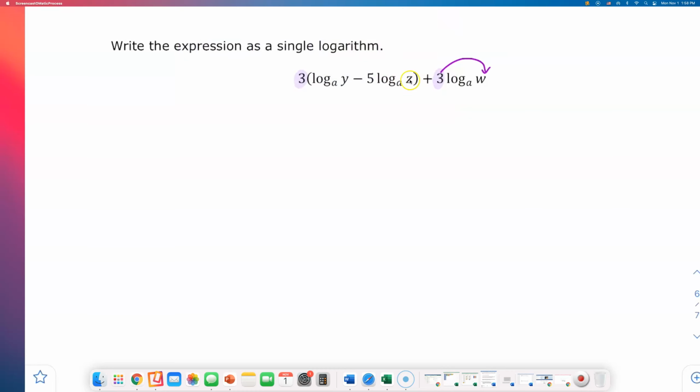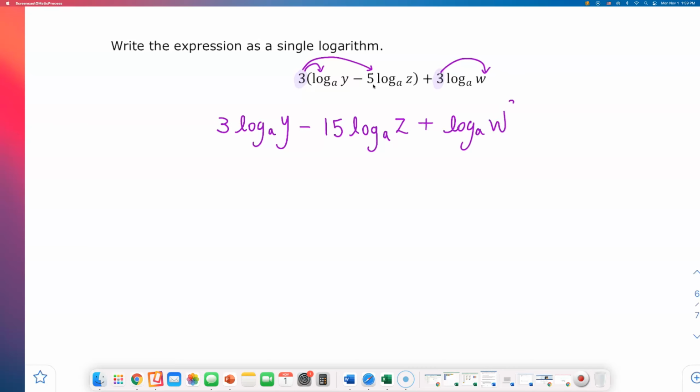So, instead of sending this up as an argument, what I will do is I will distribute this 3 first. I will get 3 times log base a of y minus, now I have to multiply this 3 times 5, right? That will be 15 log base a of z, and then I will bring that 3 up, so I'll get log base a of w cubed.